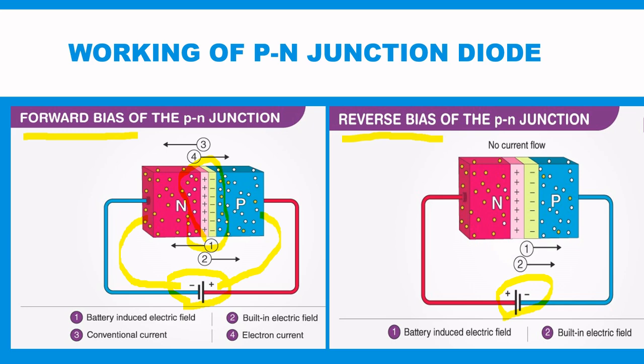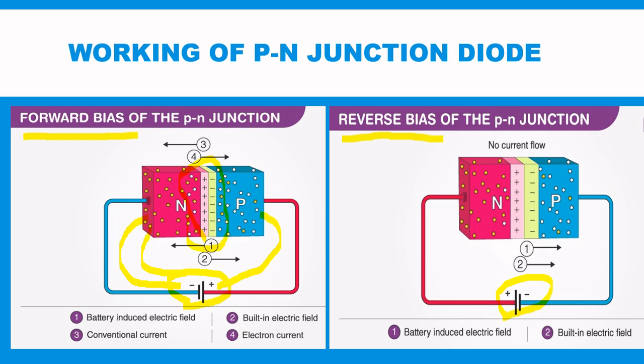The electron from N side is now accelerated towards P side as it experiences a reduced barrier potential at the junction. In addition, the accelerated electrons experience a strong attraction by the positive potential applied to the P side. This results in the movement of electrons towards P side and in turn holes towards the N side.